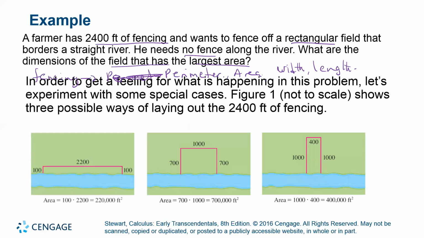All right, so in this figure, if you don't fence along the river, we can have 100 and 100, and then the length will be 2,200. That's a possibility. The area is 220,000 square feet. Now, we can also do 700, 700, and 1,000.